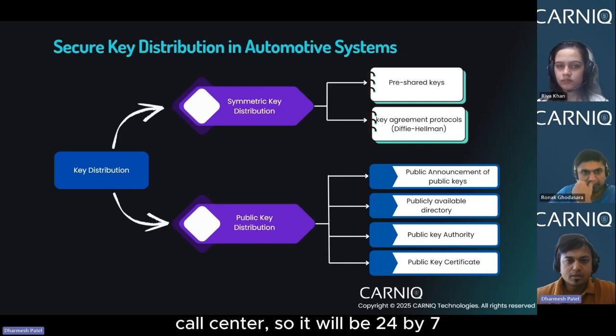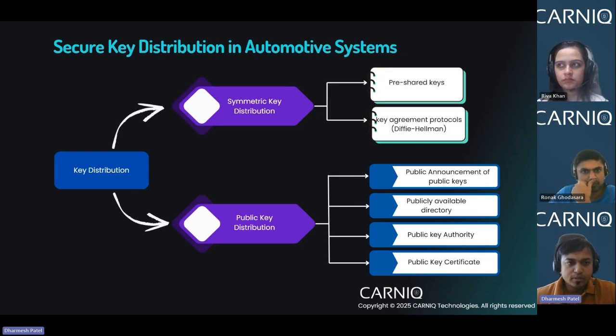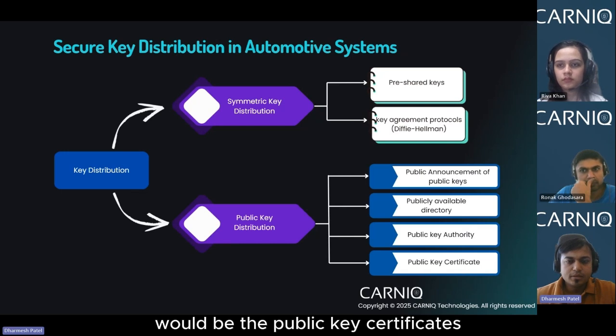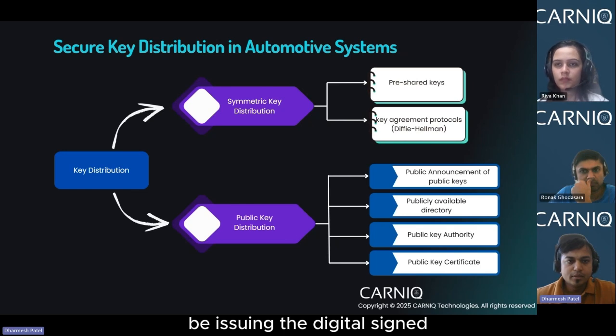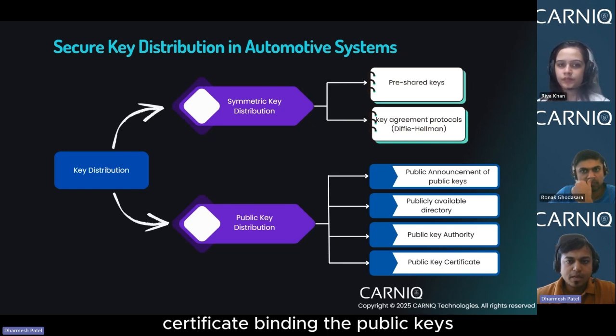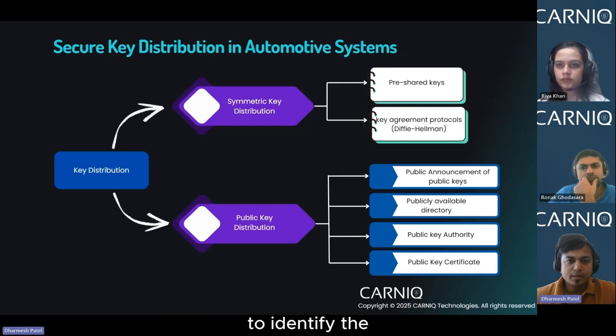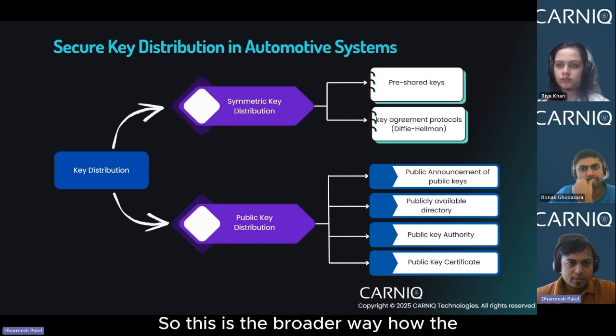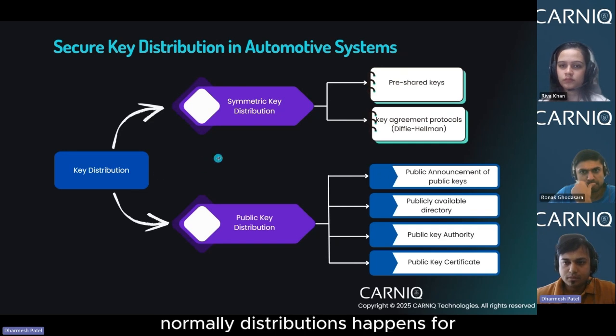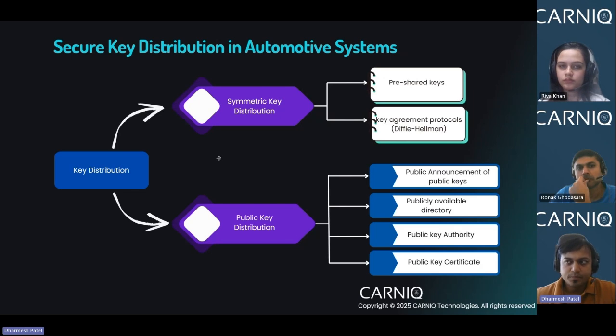It's like a call center, a 24 by 7 help desk, you can understand it like that. And the fourth one would be the public key certificates, PKI. A certificate authority would be issuing a digitally signed certificate binding the public key to identify the particular source or party. So this is the broader way how the distribution normally happens for cryptographic keys.